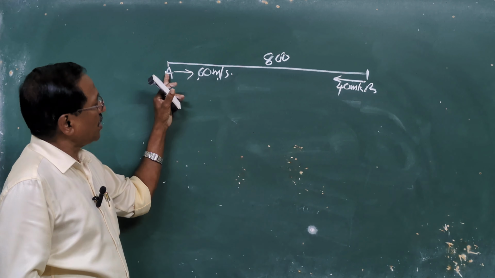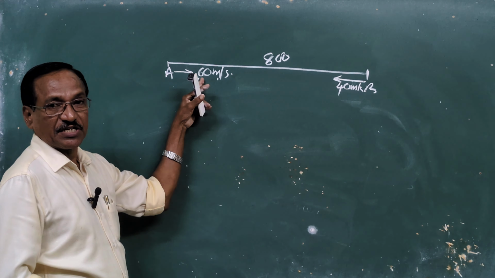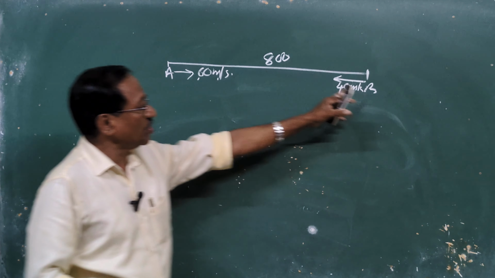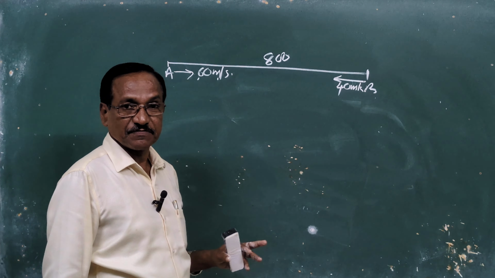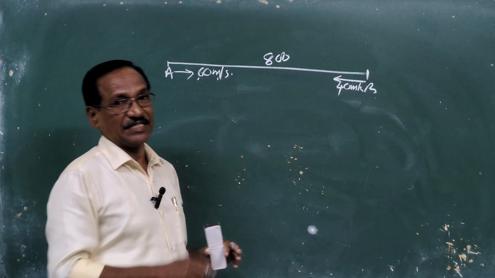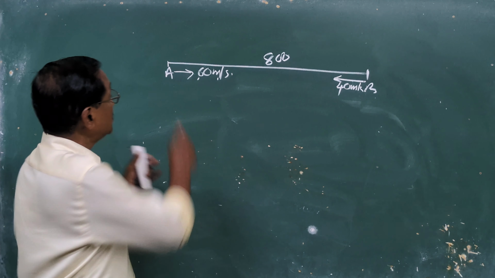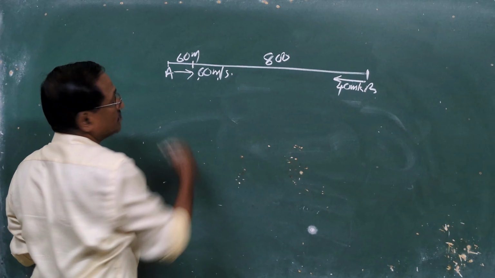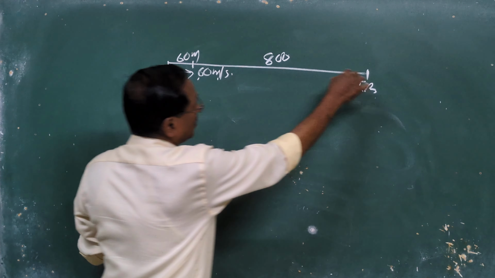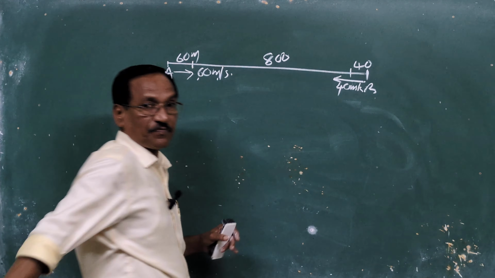This body A is moving towards B at a speed of 60 meter per second, and body B is moving towards A at a speed of 40 meter per second. So after 1 second, A will move forward 60 meter and body B will move forward 40 meter.